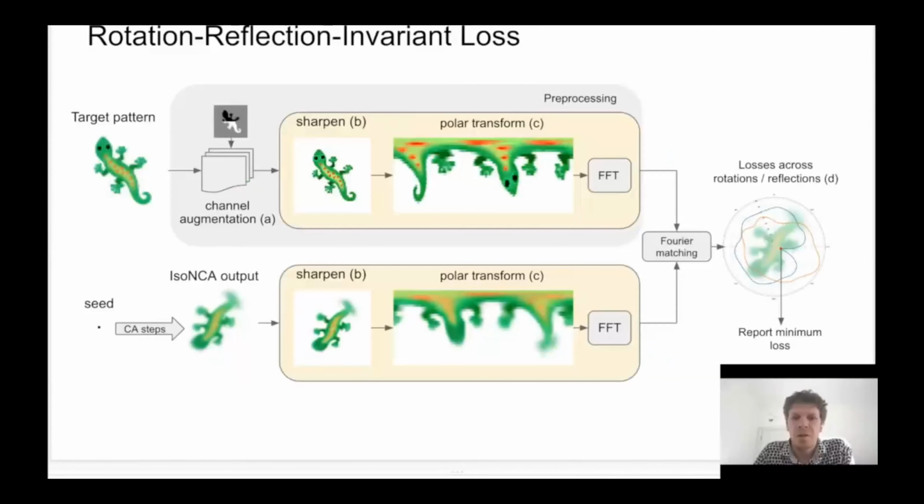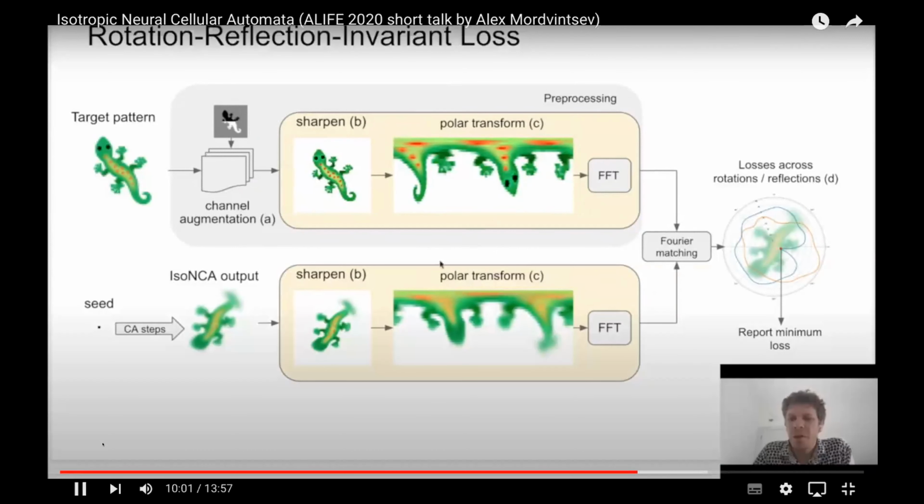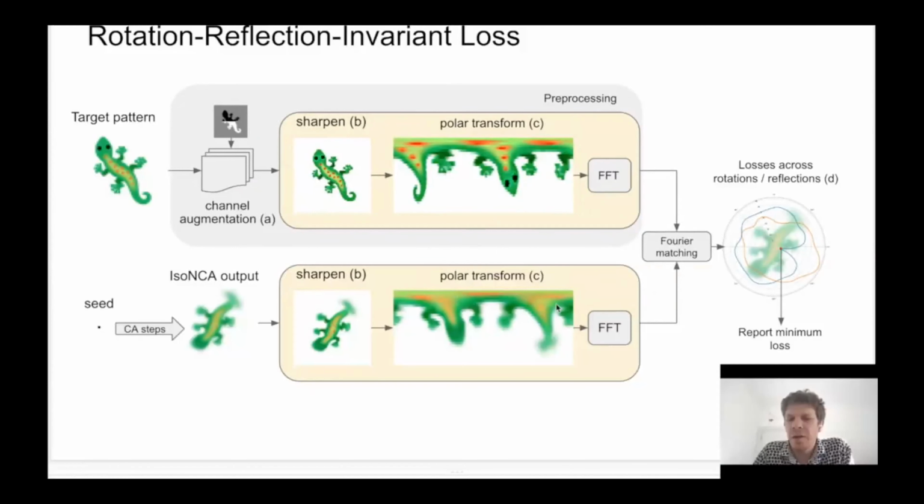Another training strategy that can train models that build patterns starting from just a single seed is based on rotation, reflection, and variant loss. This loss transforms both target and neural CA output into polar coordinate systems and then uses matching in Fourier space to efficiently match patterns against all rotations, which become horizontal shifts in polar coordinate space.